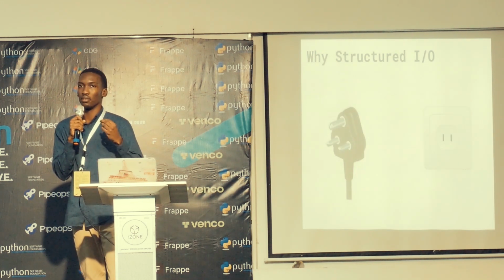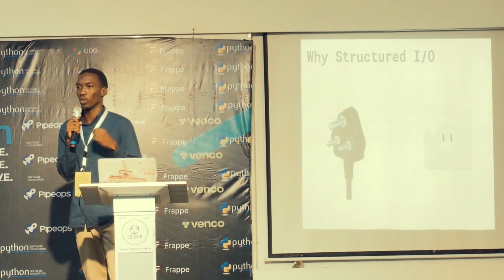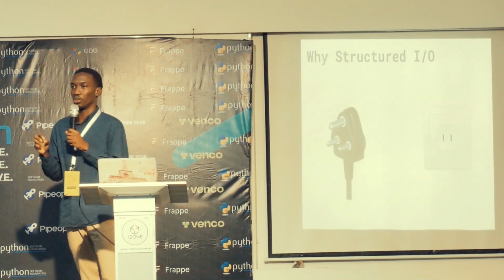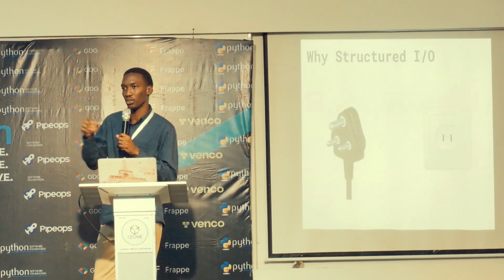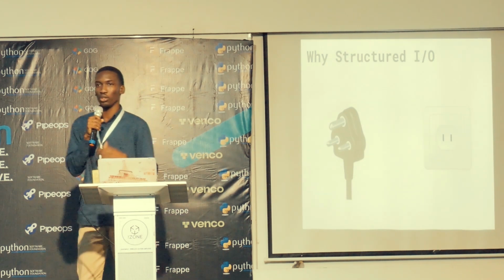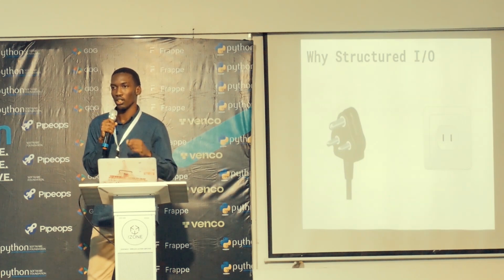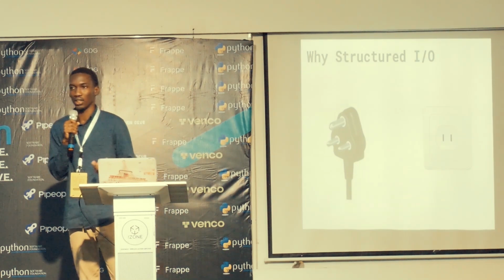Well, think of an electric plug. You want to charge your computer, and commonly here in Nigeria, we have the three pin chargers, and you move to the US or to Europe where they mainly use the two pin sockets. You won't be able to charge your computer that way.